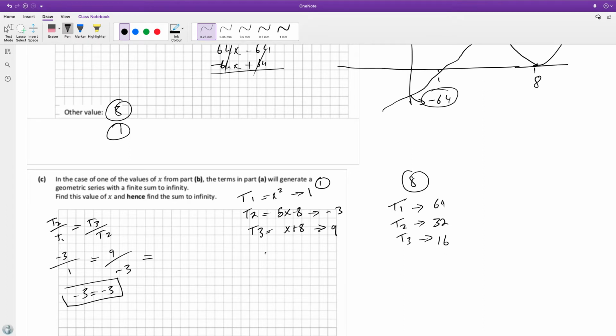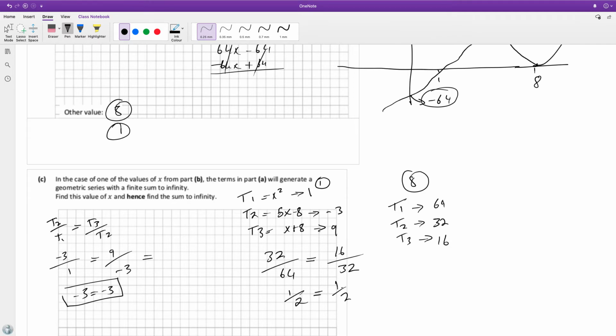So, T2 over T1, 32 over 64, is equal to T3 over T2, which is 16 over 32. Both are a half.